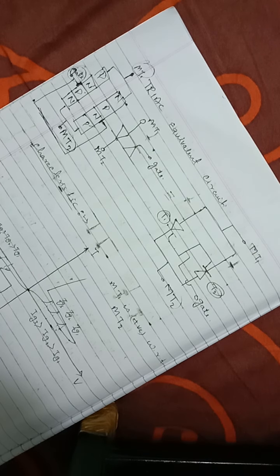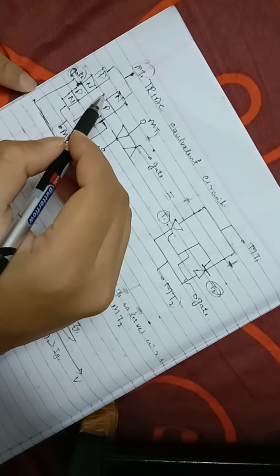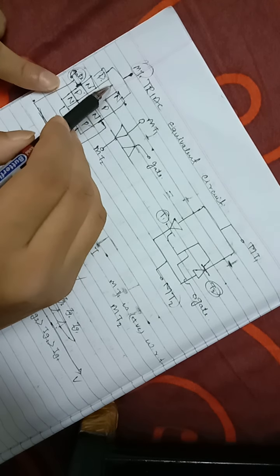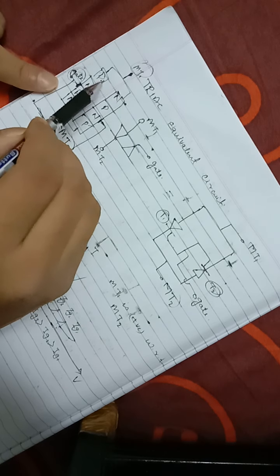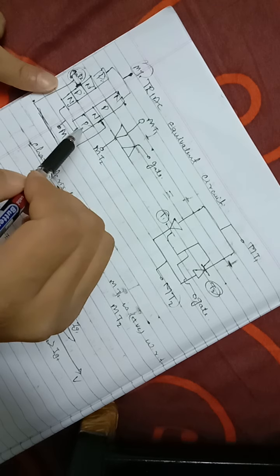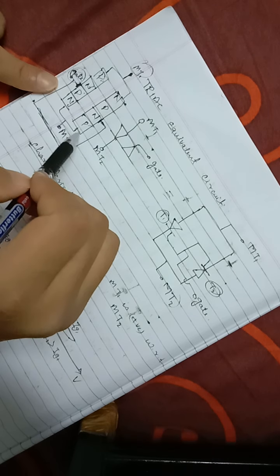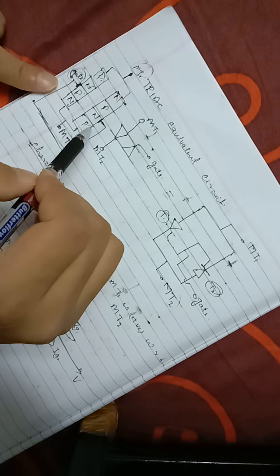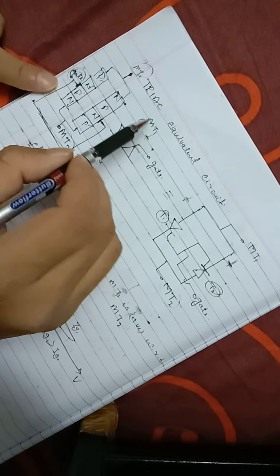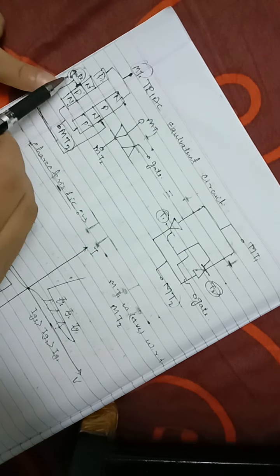So if somebody asks what is a TRIAC, a TRIAC is a four layer PNPN device, where PN is used for positive direction and NPNP is used for negative direction. It has three terminals, MT1, MT2, and gate.